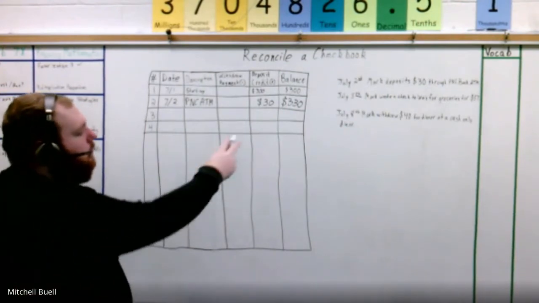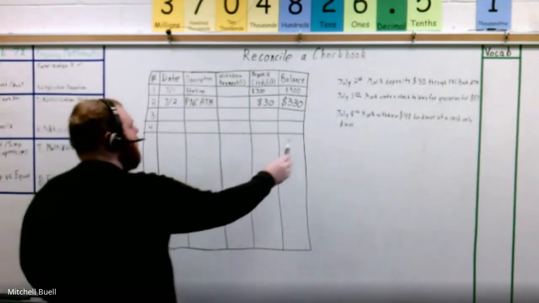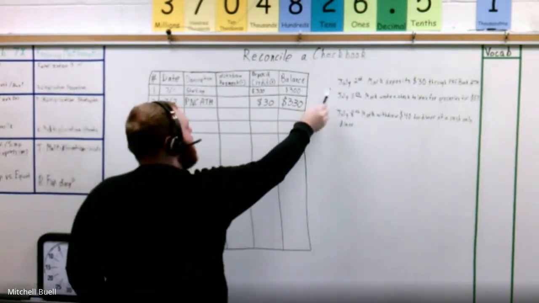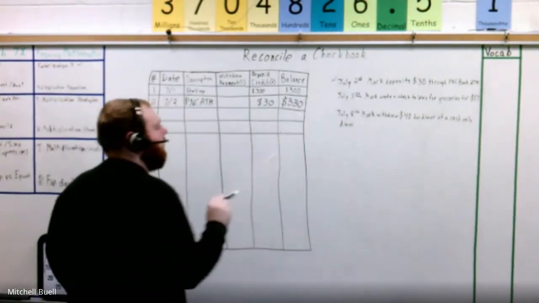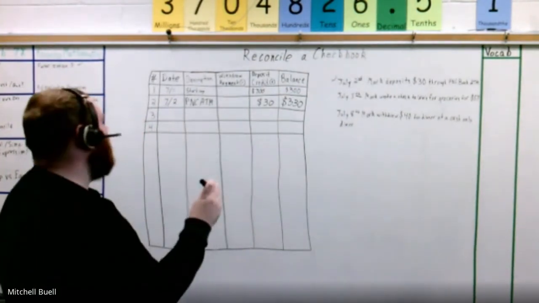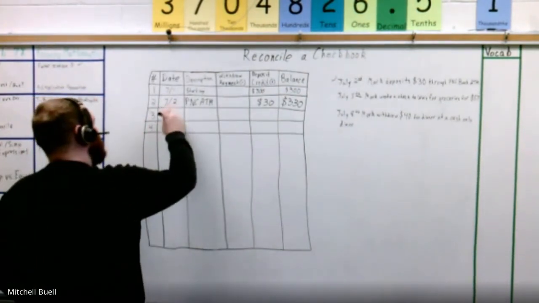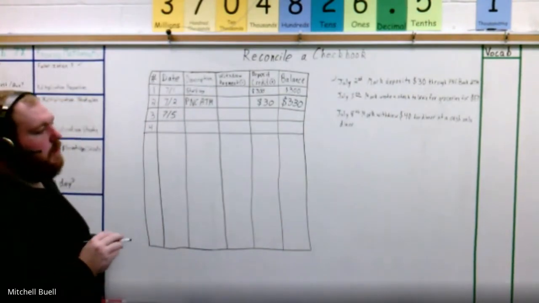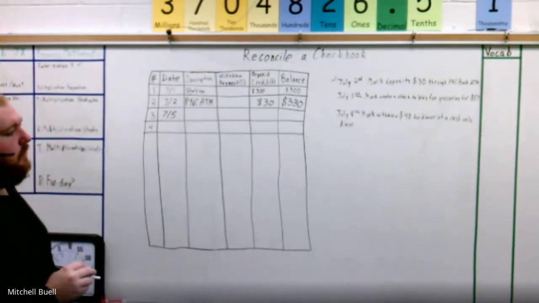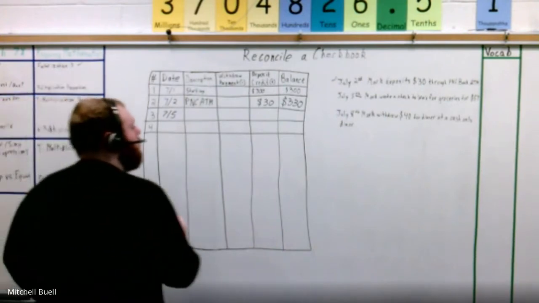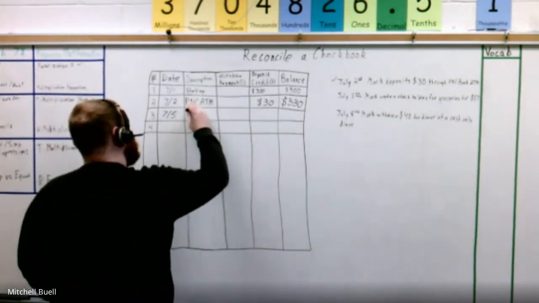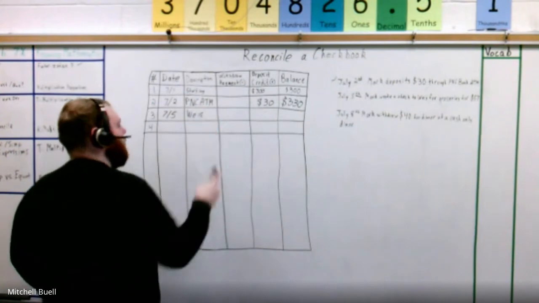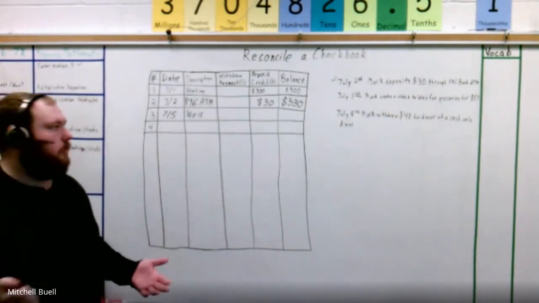So now I'm going to write down my second scenario. I'm going to put a check mark next to that first one. On July 5th, so 7/5, Mark wrote a check for Weiss for groceries for $57. I'm going to write Weiss, because that shows me it's for groceries.